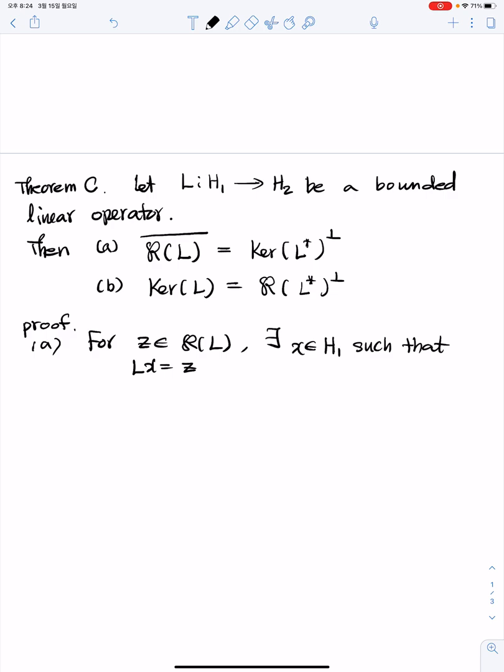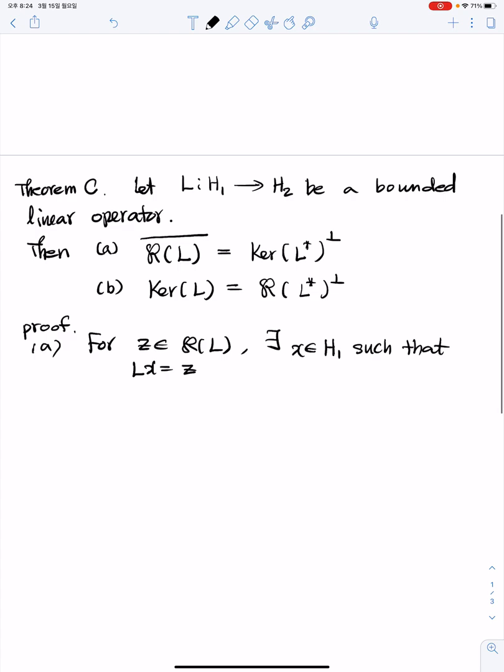Then what we want to do is show z is in the orthogonal complement. So first we want to compute the inner product of z and y.